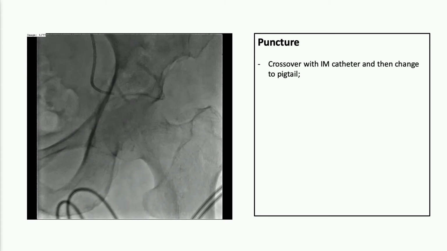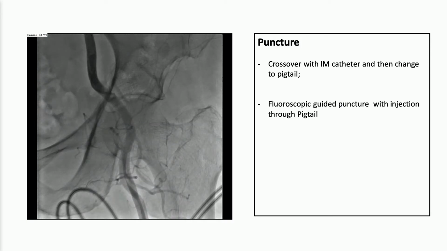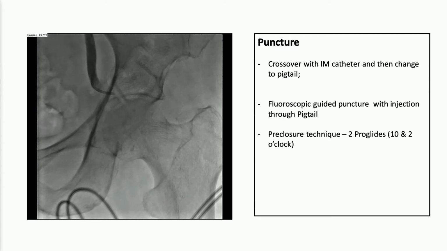the steps were as follows. So crossover with an internal mammary catheter, and then change to a pigtail. Then do the fluoroscopy with an injection.